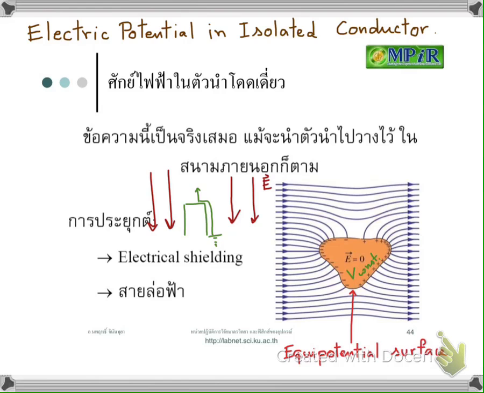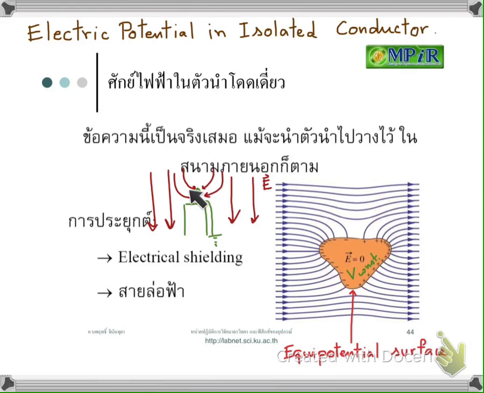But once you put an isolated conductor here, and we know that the surface of the isolated conductor is an equipotential surface, and the electric field will be perpendicular to the surface of the isolated conductor, it means that the electric field will bend to the surface of the conductor.